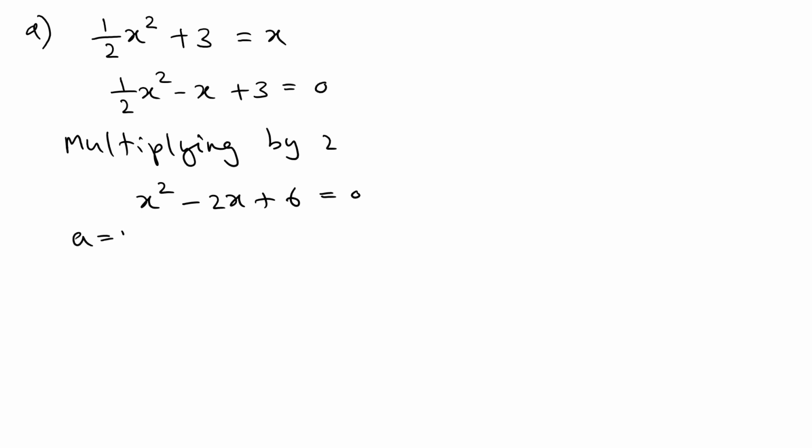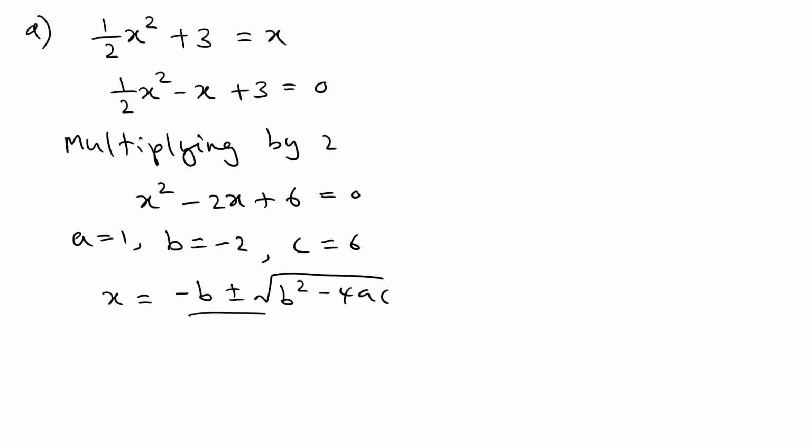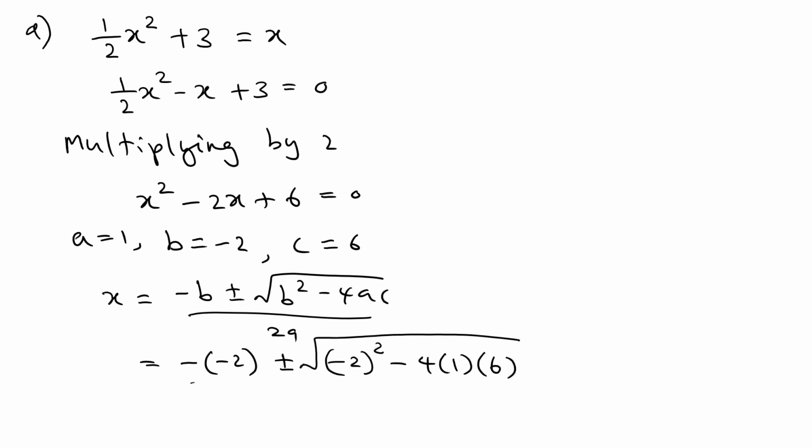So here you can see that a equals 1, b equals negative 2, and c equals 6. So we're going to plug in this one. The solutions are given by x equals, as before, negative b plus or minus the square root of b squared minus 4ac, over 2a. So if you plug in negative 2 plus or minus the square root of negative 2 squared minus 4, a equals 1, c equals 6, over 2 times a equals 1.